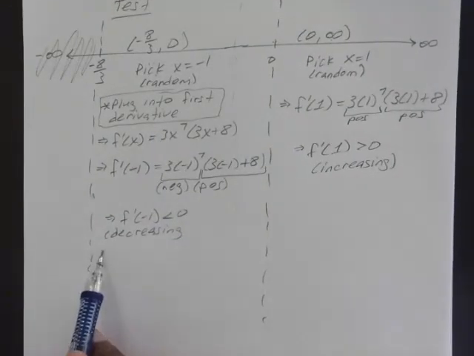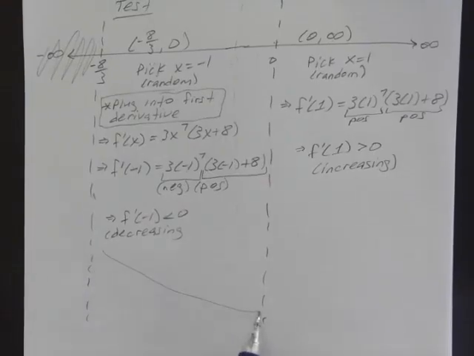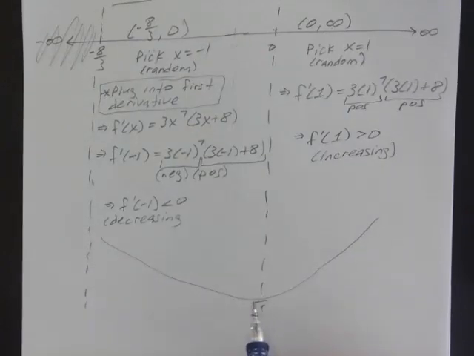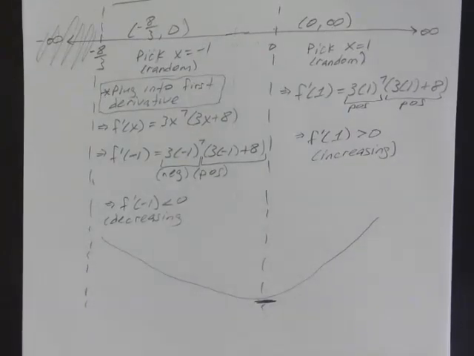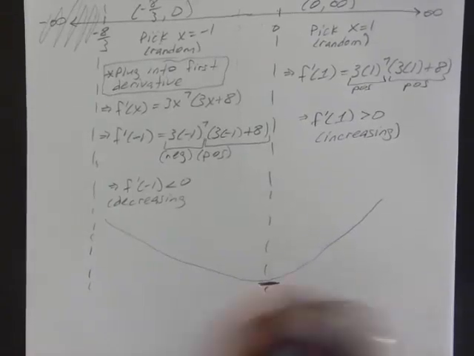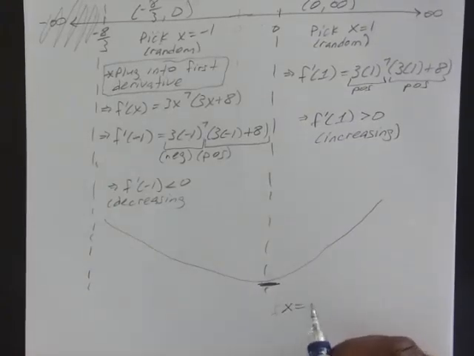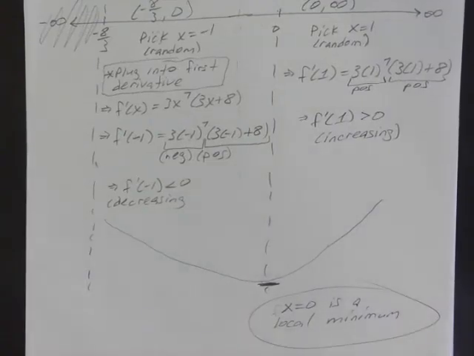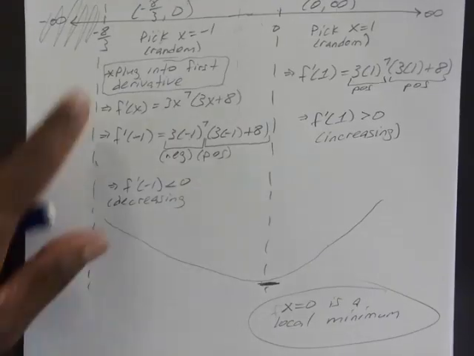So if it's decreasing on this interval and increasing on this interval, then we know right here at 0 is a local minimum. So we know that x equals 0 is a local minimum. And remember, we already did this part of it.